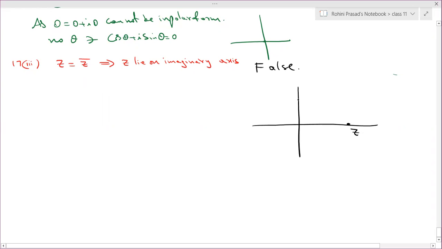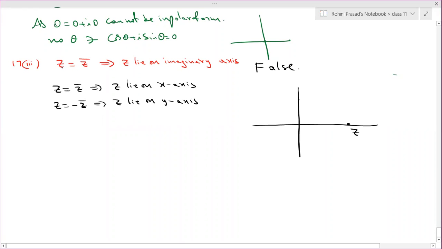If it lies on the y-axis, the conjugate of it is the negative of it. Basically, z equal to z bar implies z lies on the x-axis, which is called the real axis. If z equal to minus z bar, then z lies on the y-axis, which is the imaginary axis.